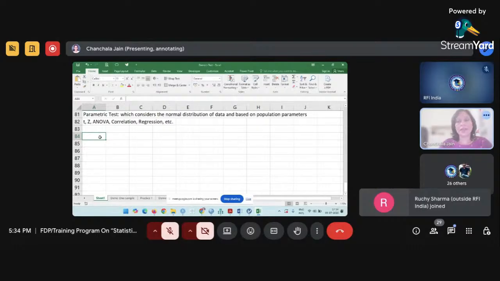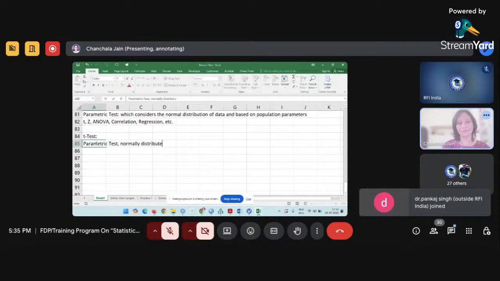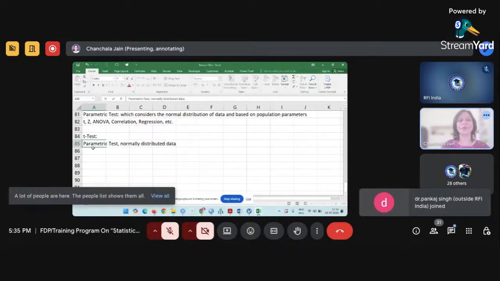Now, starting with today's concept, that is t-test. So t-test, why are we using the t-test? First thing is that t-test is a parametric test, right? So it is obvious that generally we require normally distributed data, right?